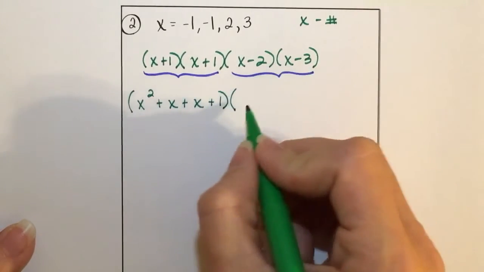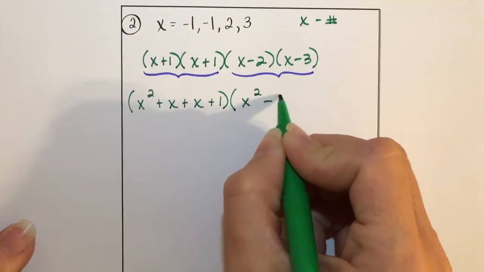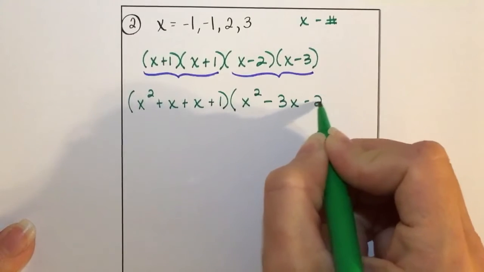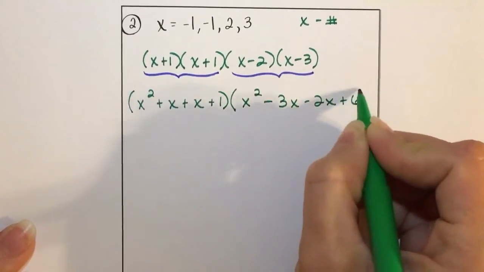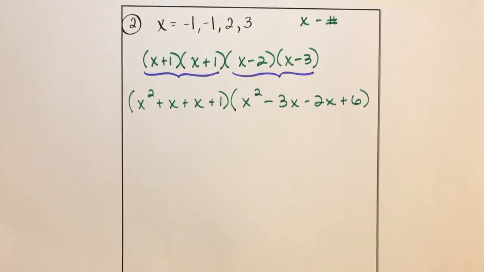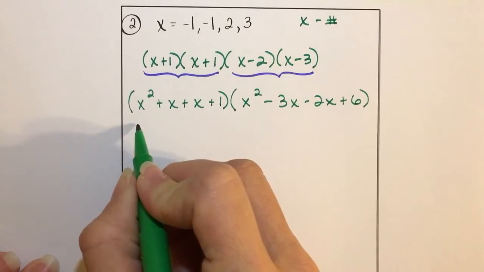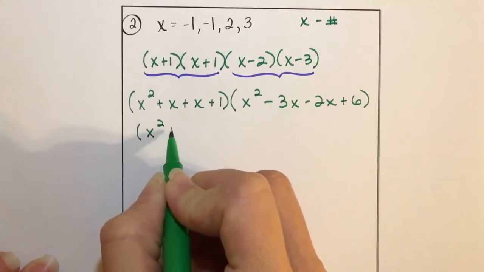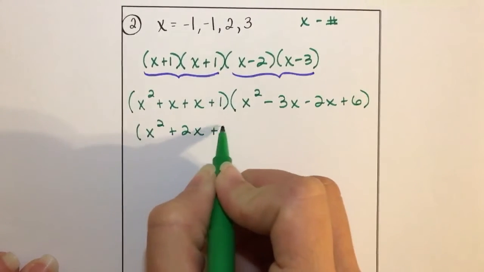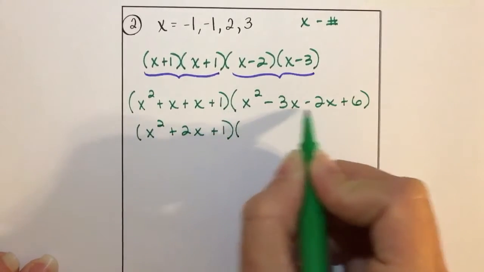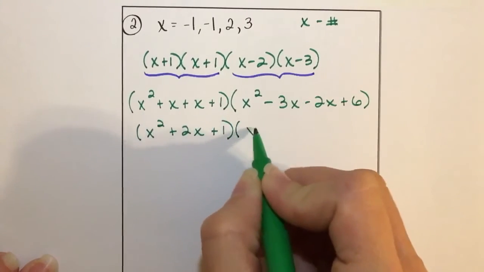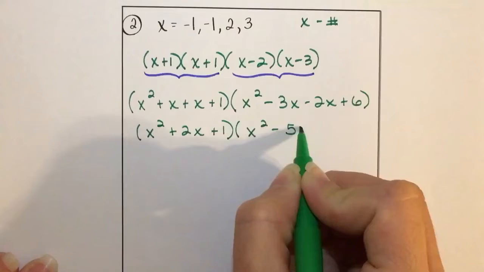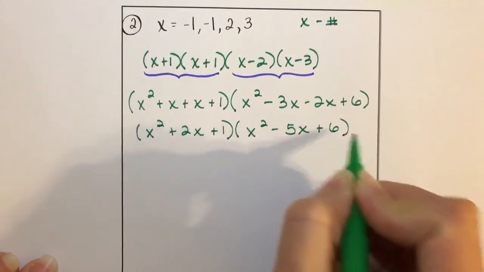And then when I foil the last 2, I'll have x squared minus 3x minus 2x plus 6. Now let's do the simplifying that we can inside each one of the parentheses here. So I would have x squared plus 2x plus 1. And then combining like terms here, x squared minus 5x plus 6.